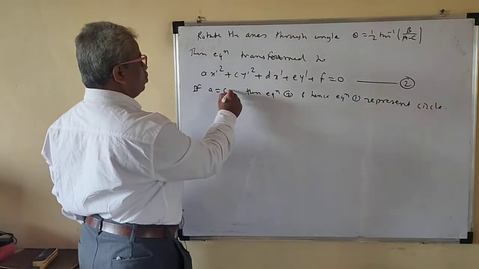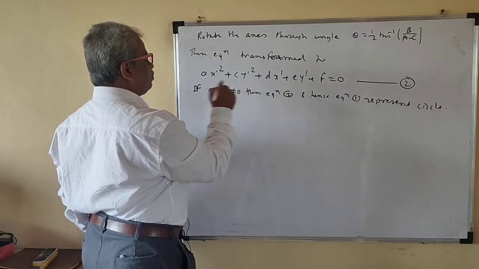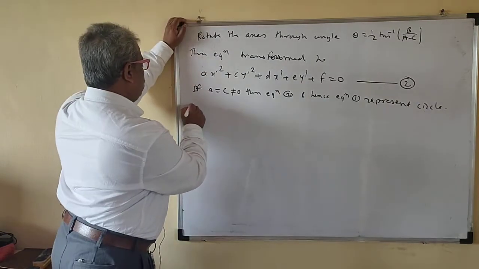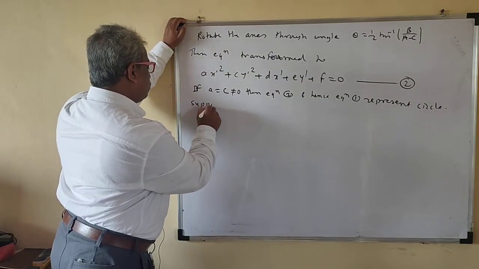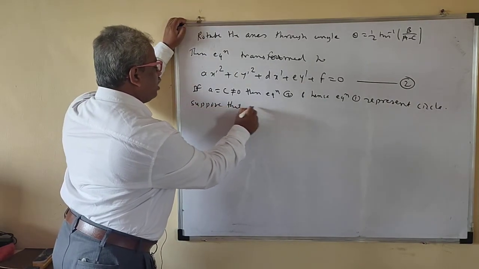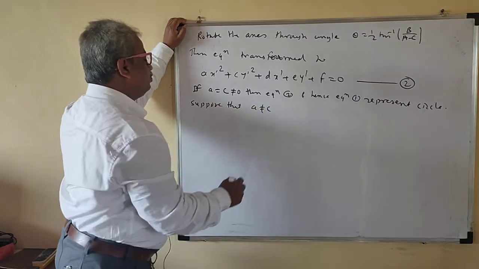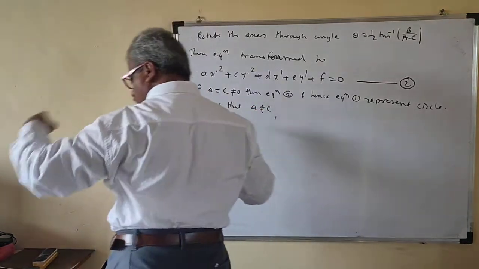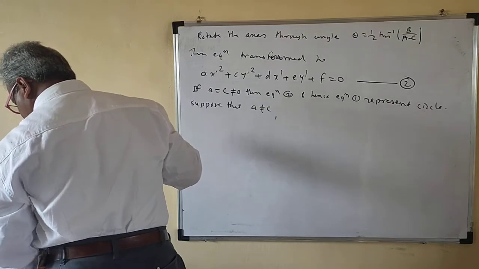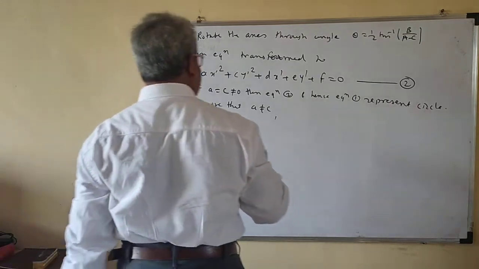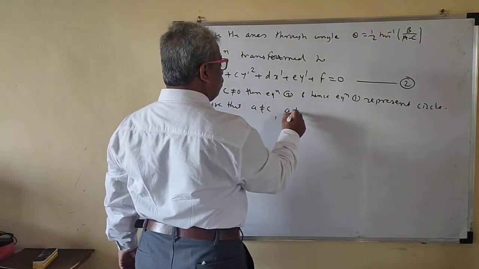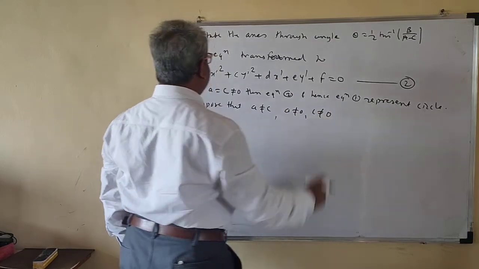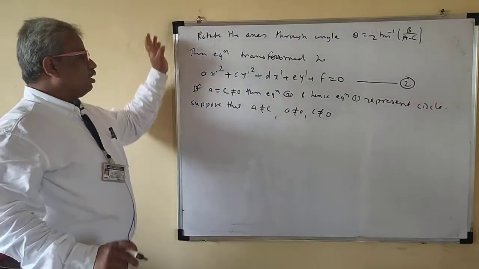This is obvious. Now suppose that a is not equal to c, and a is not equal to 0, c is not equal to 0. Both a and c are not equal to 0.